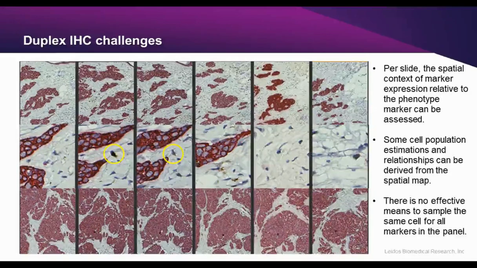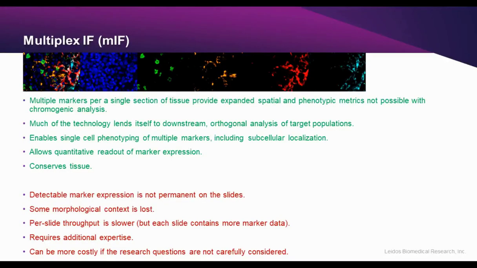Having the phenotyping marker pan-CK here in a duplex IHC is helpful for doing targeted region analysis, but for looking at single-cell phenotyping, we need a different technology, and that's where multiplex IF comes in.